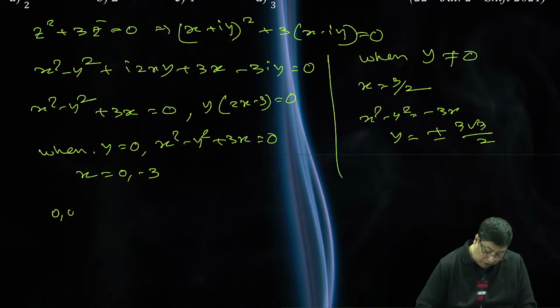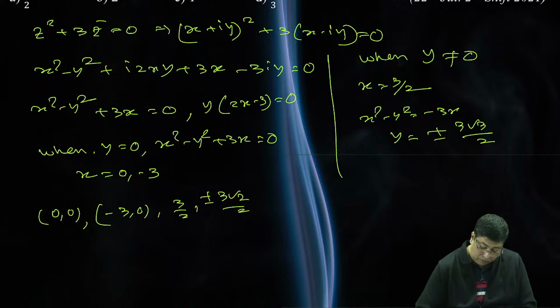So we are getting y equal to plus minus 3 root 3 by 2. Therefore, there are 4 solutions: 0, 0; minus 3, 0; and 3 by 2, plus minus 3 root 3 by 2. So the total number of solutions n equal to 4.